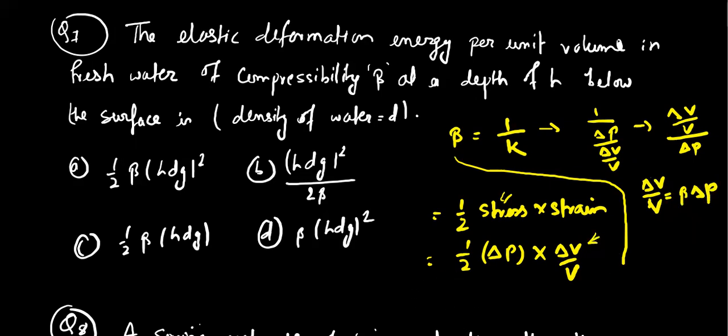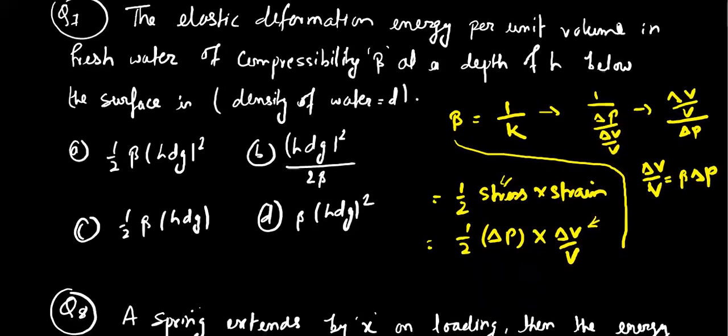So it will be 1 by 2 del P, and once again del P, this will be square, and then beta.